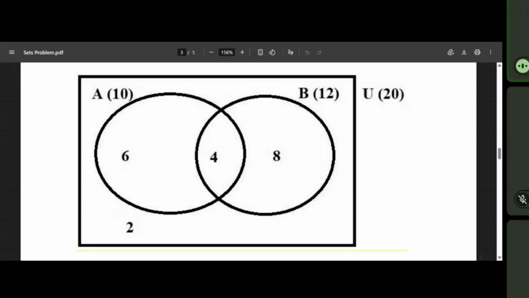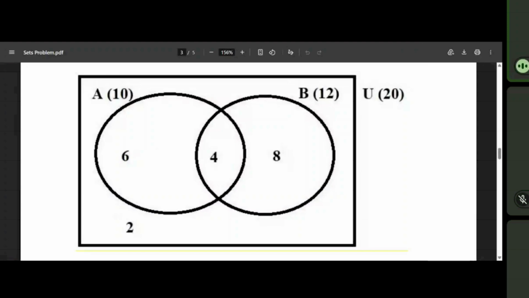And that total number of patients, when you add everything within the rectangle, it should give you that total number of patients.